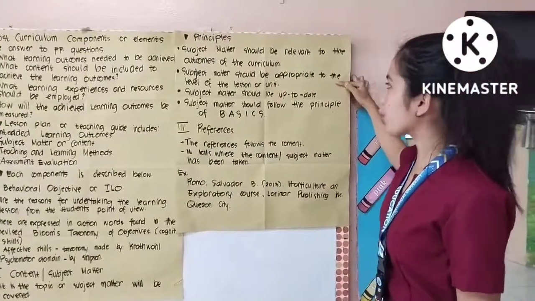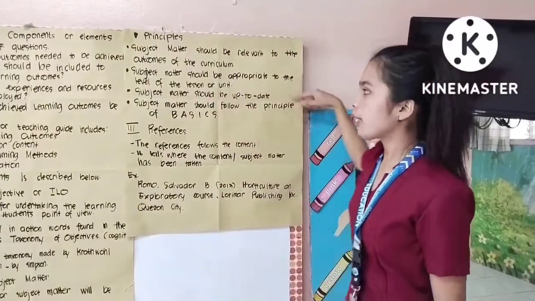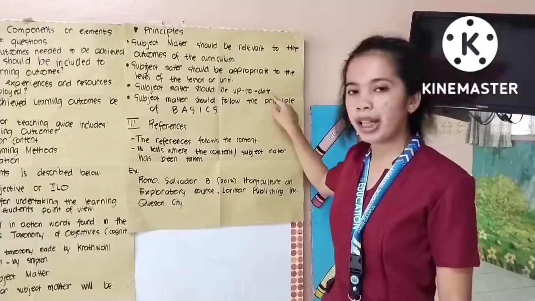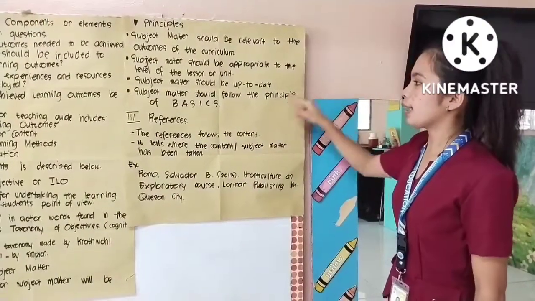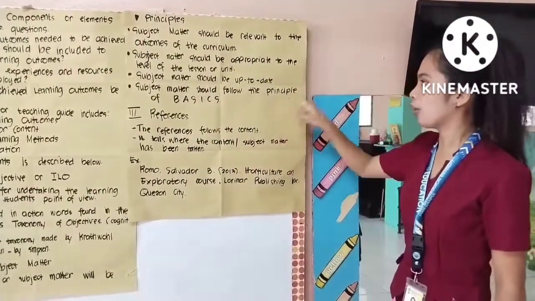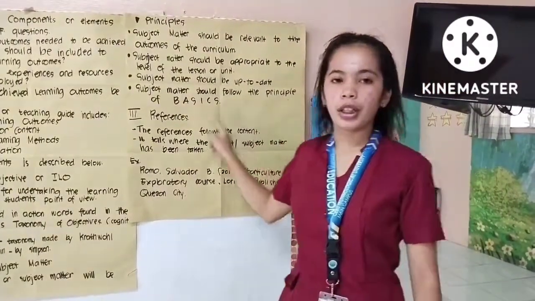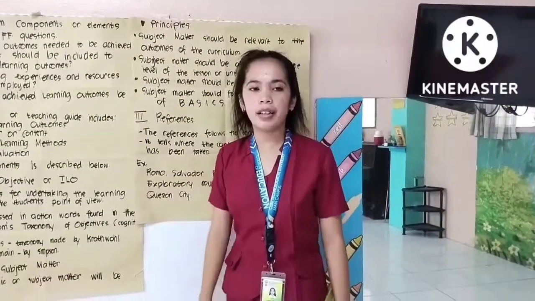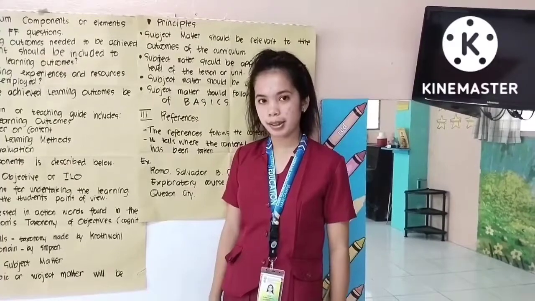It should be appropriate to the level of the lesson or unit. It should be up to date. Of course, it should be updated. Number 4, the subject matter should follow the principle of basics. An effective curriculum is purposive and clearly founded on the planned learning outcomes.